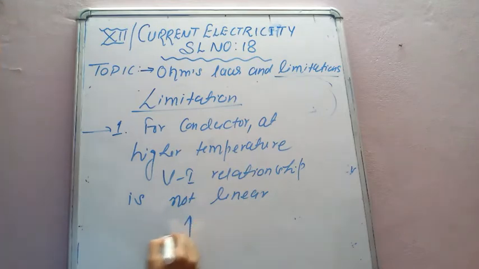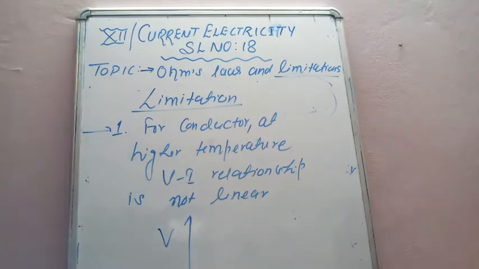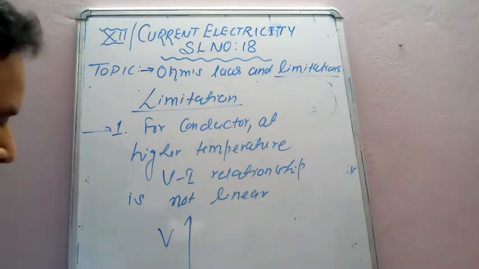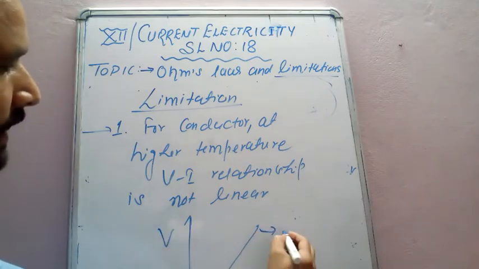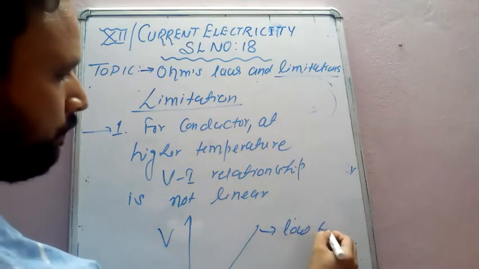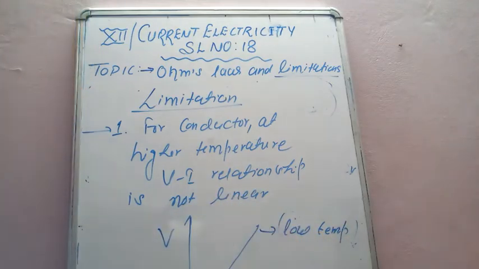This is the VI graph for a conductor. At lower temperature the graph is like this way. But what happens if the temperature is very high? There is a little deviation.